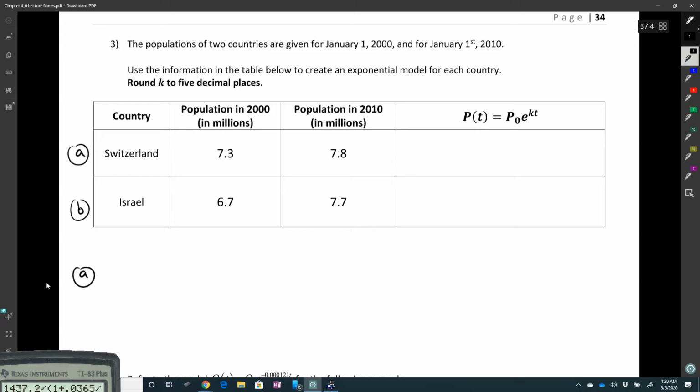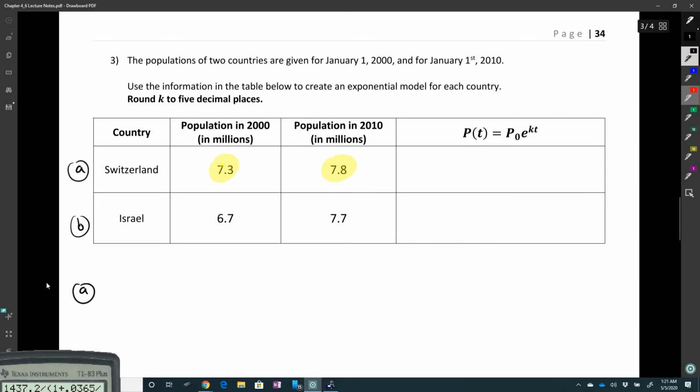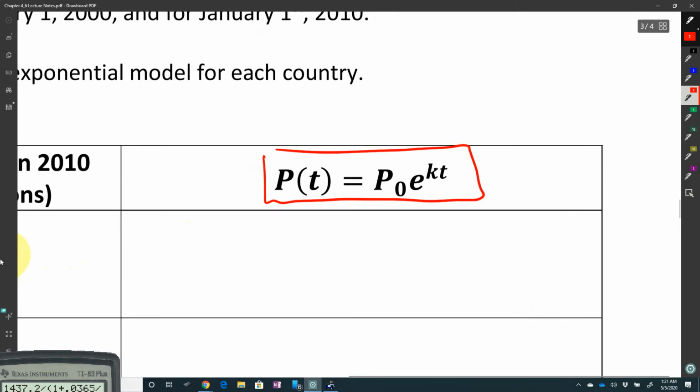So for A, Switzerland, we know this 7.3 and the 7.8. Well, this is my initial value. Here's the formula they want us to use. Okay. Well, before I start, let's talk about this formula.